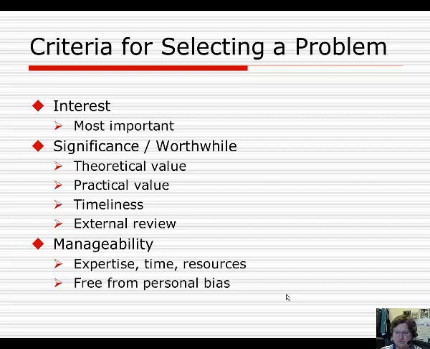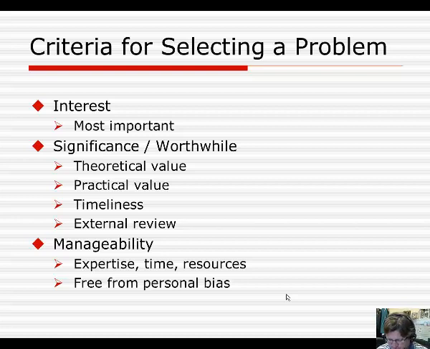I've had students that have wanted to draw blood from people to measure different levels to compare their physiological response to exercise by looking at the levels of different things within the blood. I've had students who have wanted to do all kinds of physiological testing that we just don't have access to the equipment to do. So we need to make sure we don't pick a research problem that we don't either have the expertise, the time, or the resources to actually conduct.